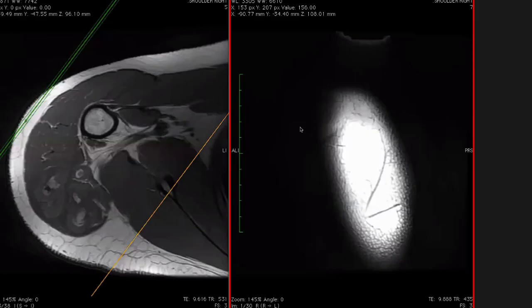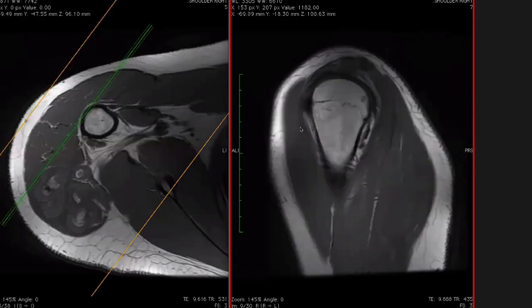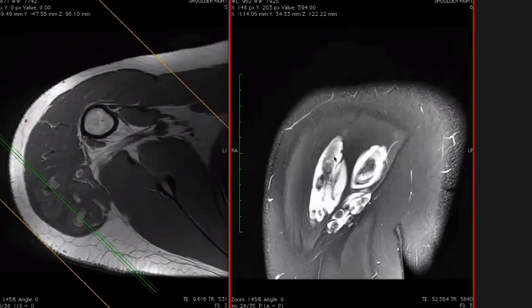Let me go to the T1 then. Let's look at the plain T1 now, because we can distinguish blood products in T1, can't we? So this is a T1 weighted image now, right? You can see it is within the deltoid muscle. That's a deltoid. It's an intramuscular lobulated lesion.